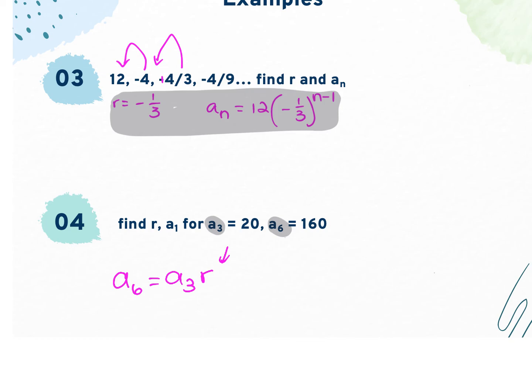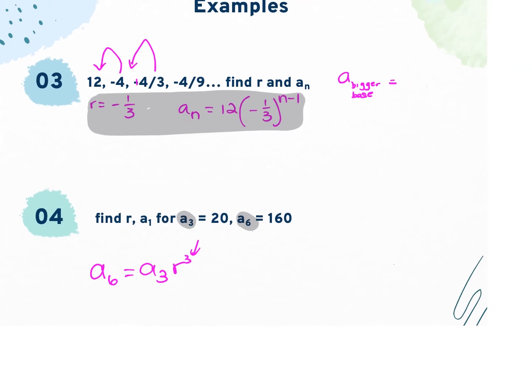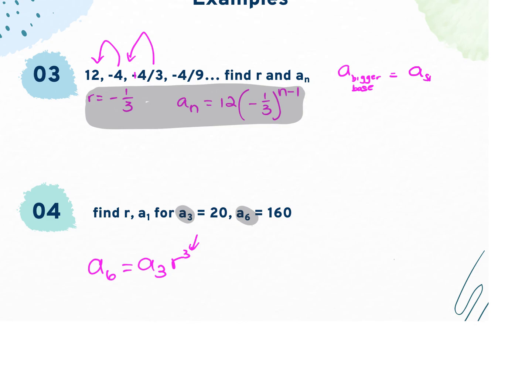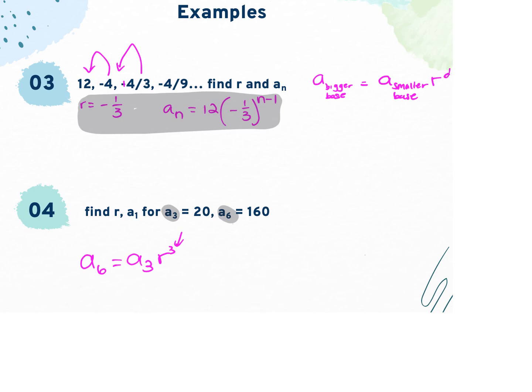So 6 minus 3 is 3. So if it doesn't give you the first, or you don't have consecutive ones to find your r, that's how you do it. You would do A bigger base equals A smaller base, r, and then the difference between those two.